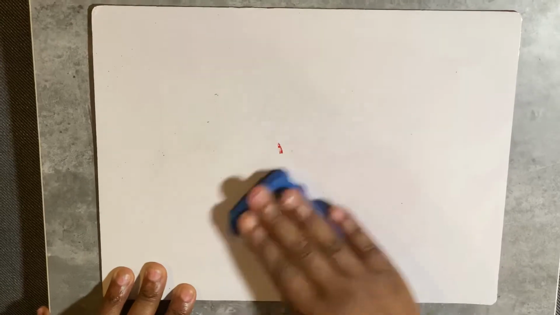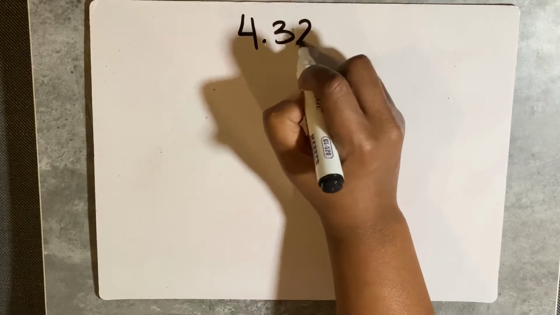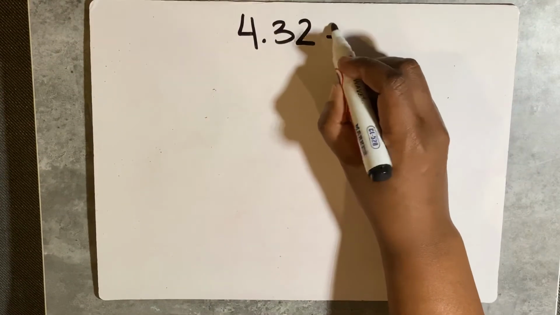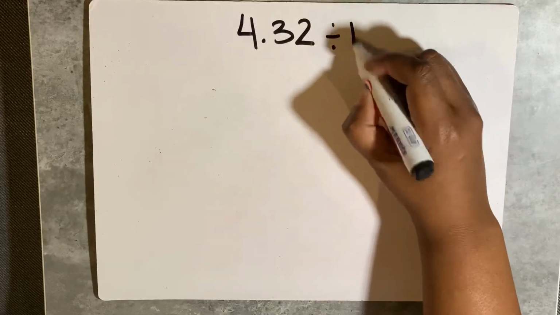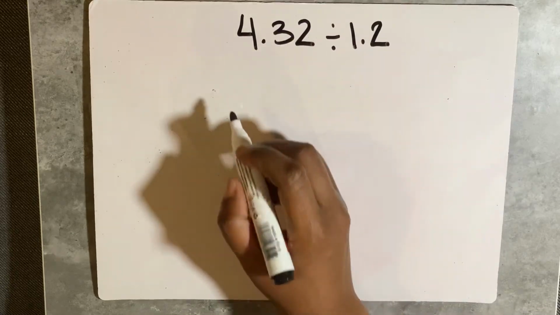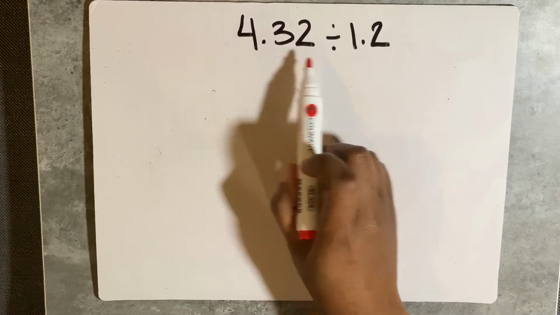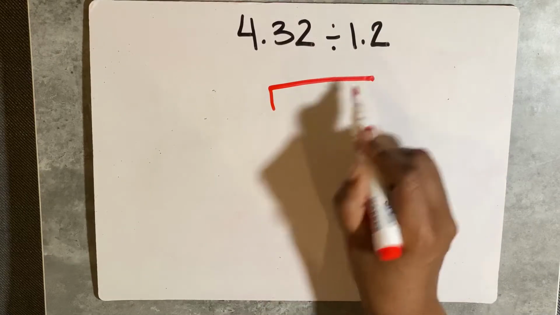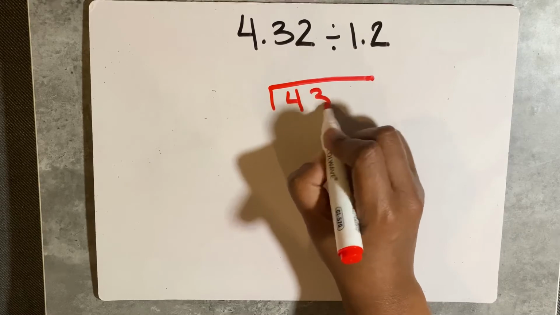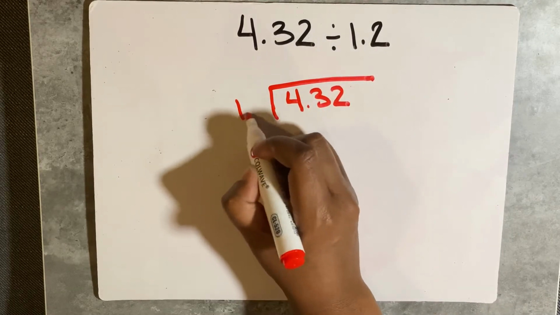Let's try it with division. So we need to do a long division problem. And I'm going to do 4 and 32 hundredths, divided by 1 and 2/10. The first thing I'm going to do is I'm going to rewrite it. Remember, the first number goes in the house. And the second number goes outside the house.